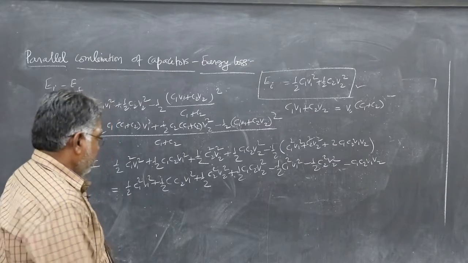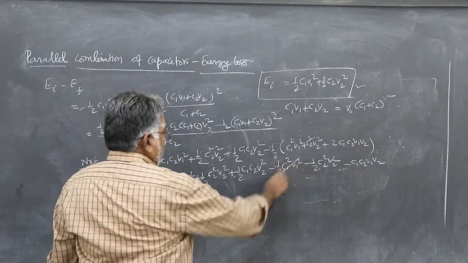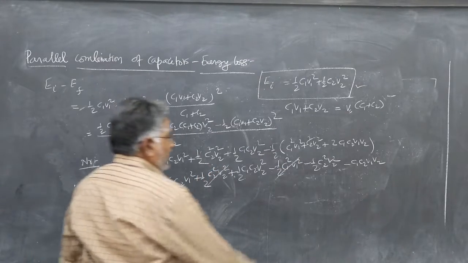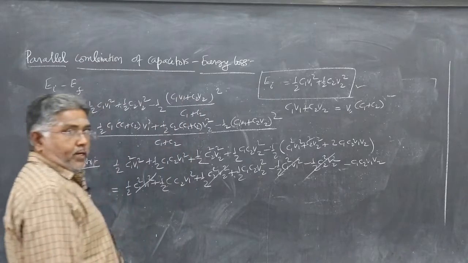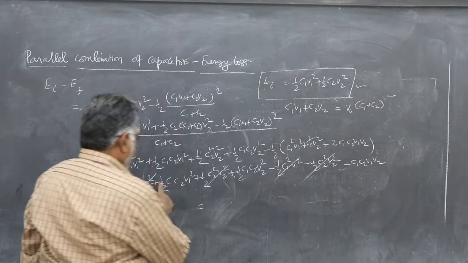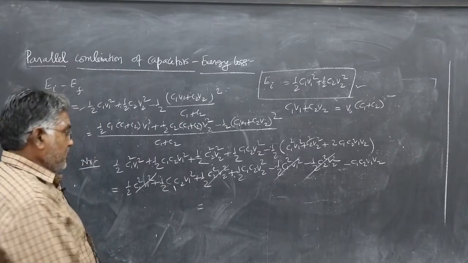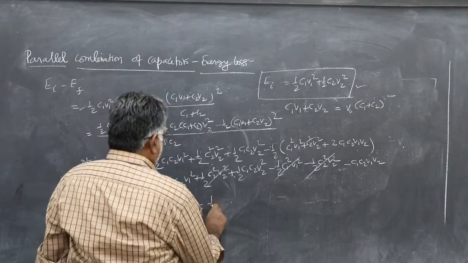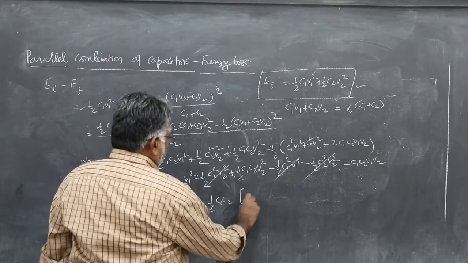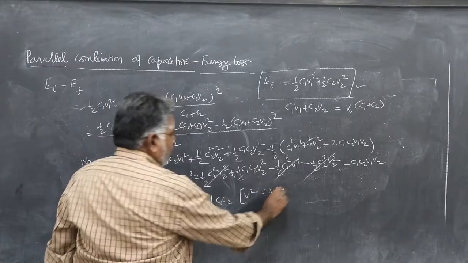Okay. Half C1 square V1 square minus half C1 square V1 square, half C2 square V2 square minus half C2 square V2 square. Collect the remaining things, equal to half C1 C2. Here it is C1, please change it. Half C1 C2 bring outside, V1 square, plus V2 square.